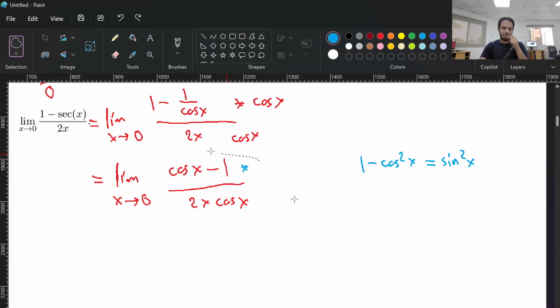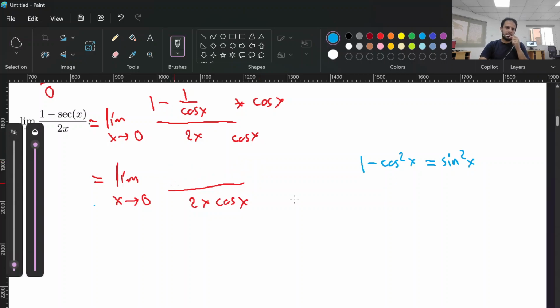Let's rewrite this cosine x minus 1. It's the same as what? Minus 1 minus cosine x, right? Now multiply by 1 plus cosine x. Down, multiply by 1 plus cosine x, same idea.